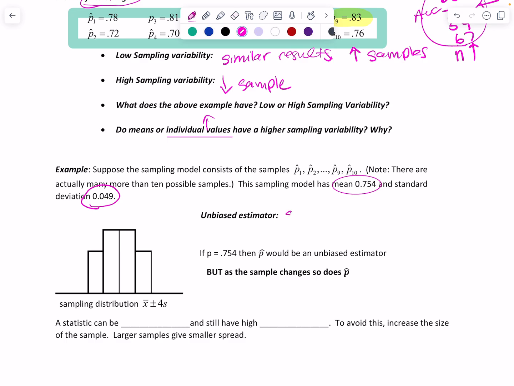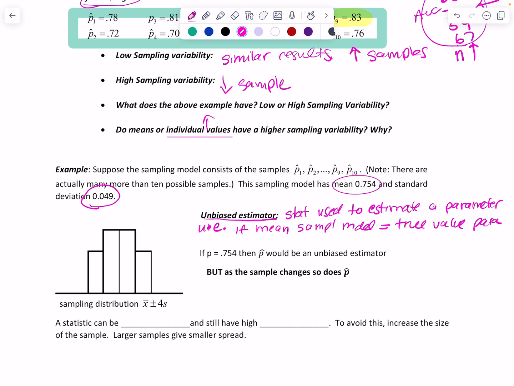An unbiased estimator is when a statistic is used to estimate a parameter, and it is an unbiased estimator, I'm just going to put UE for unbiased estimator, if the mean of the sampling model is equal to the true value of the parameter.